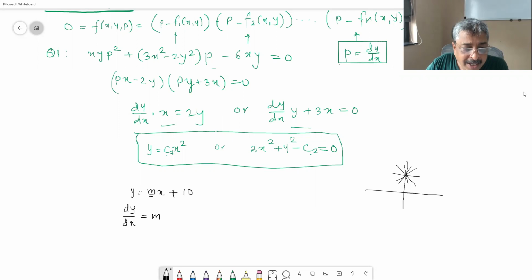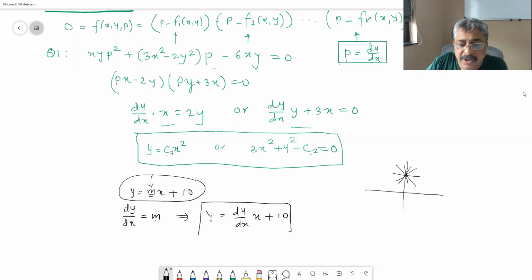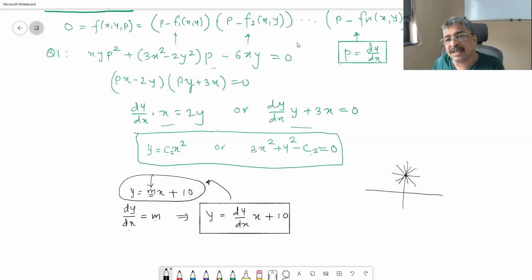Hence, if m is equal to dy by dx, suppose this is your normal equation with one constant, the corresponding differential equation of which this is going to be the solution is y is equal to dy by dx times x plus 10. This is your differential equation, whose solution is going to be this. So you are just replacing the arbitrary constants by differential coefficients.